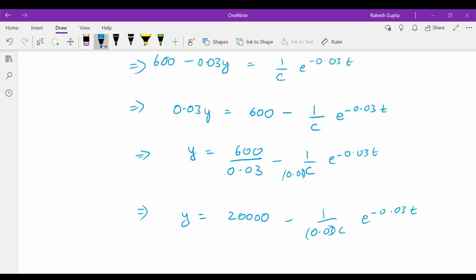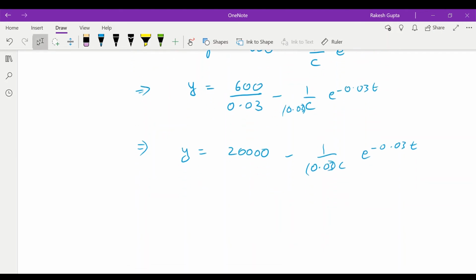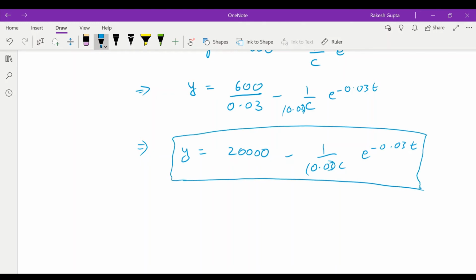So now this, at any instant t, is the amount of fresh air present in the container.